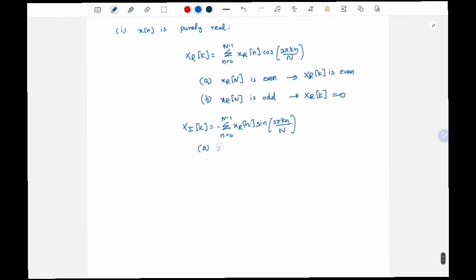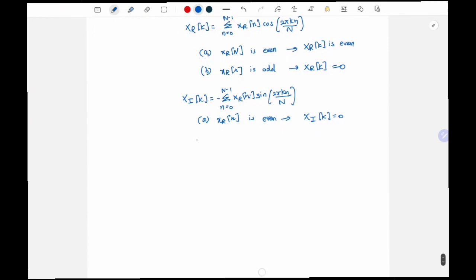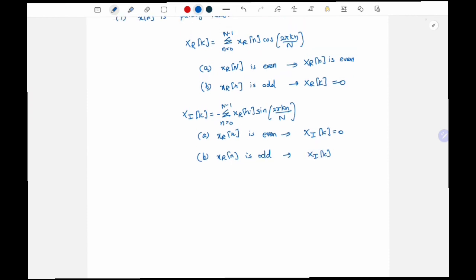Similarly here, if xr of n is even, this is even, this is odd, so this total will be odd, and if you sum it over, this is going to be 0. So if xr of n is odd, your Xi of k will also be odd.